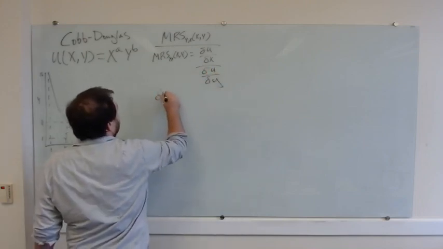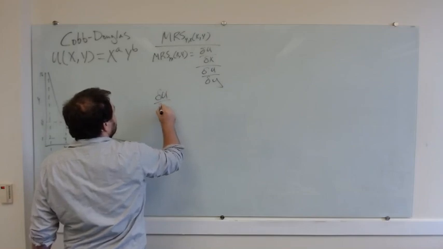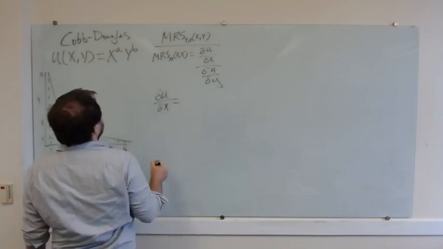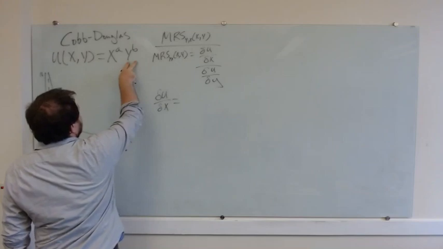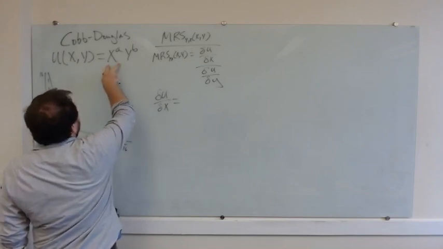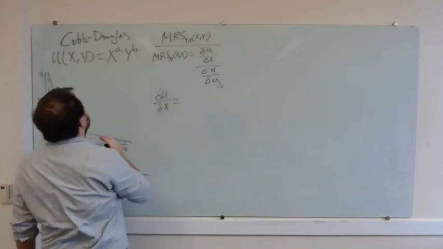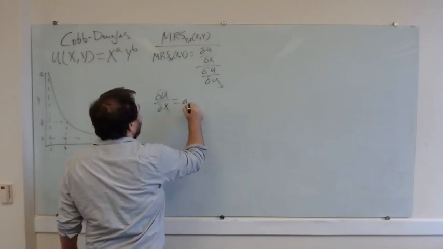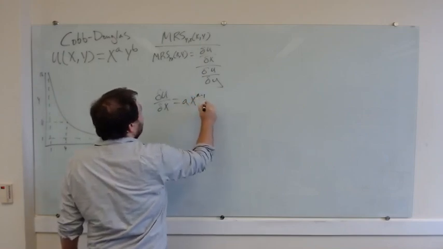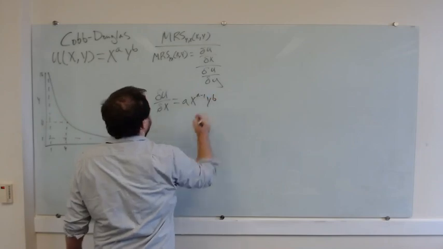So let's solve each of these partials. So du dx is going to equal, we're going to treat y as a constant. So it's just the derivative of x to the a times some constant. So that'll be a x to the a minus 1 times y to the b.